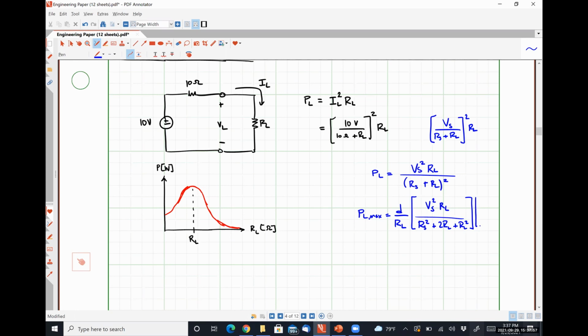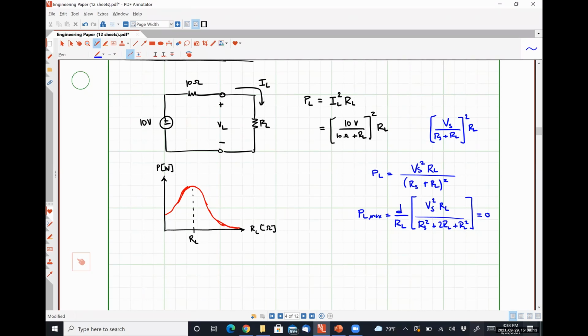Excuse me, that's not the right one. You take the derivative and set it equal to 0.